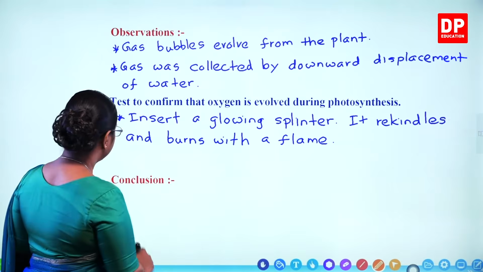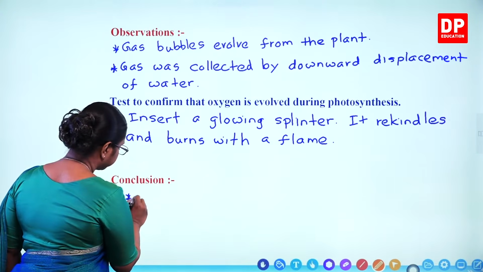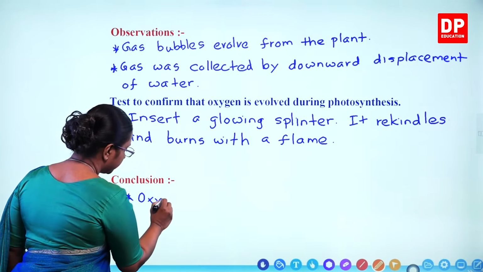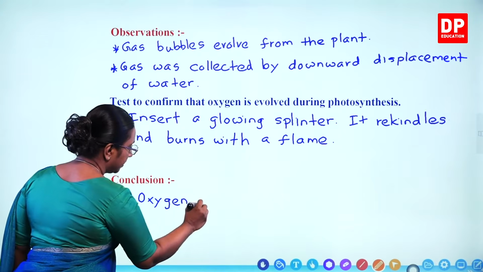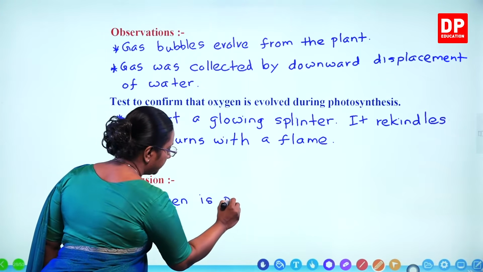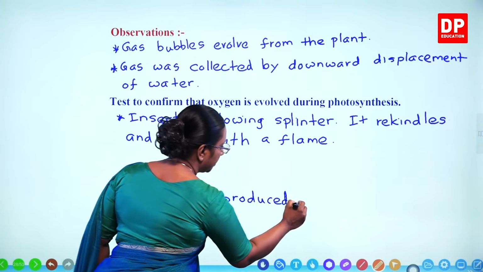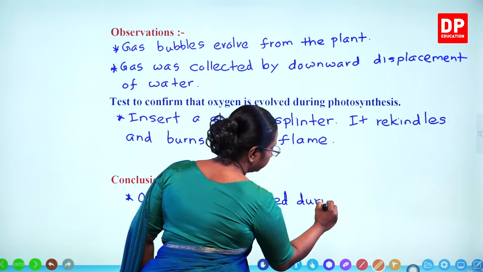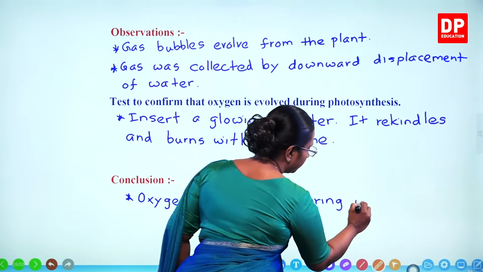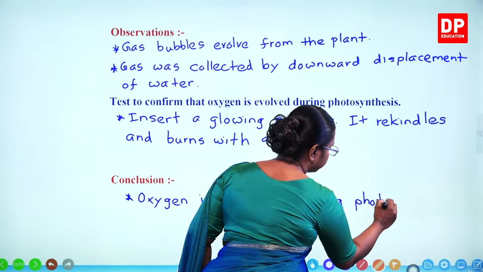So the conclusion will be: oxygen is produced during photosynthesis.